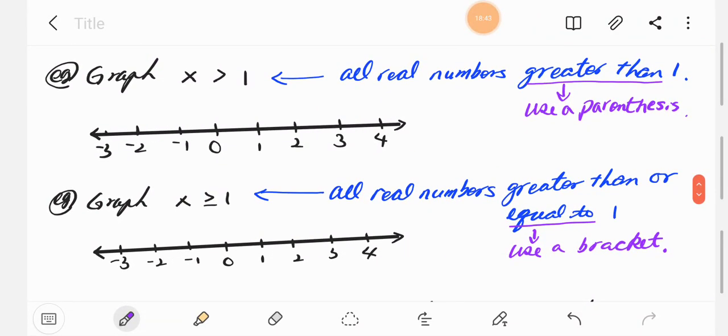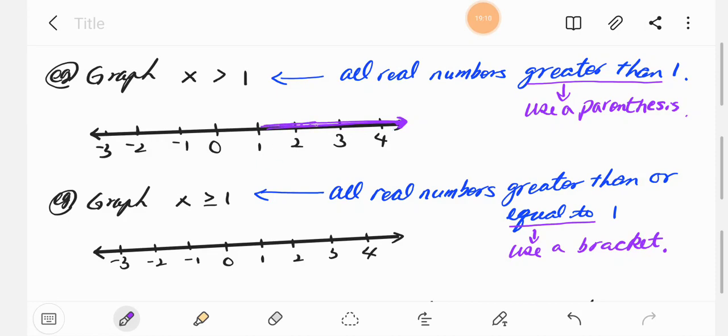Okay, how about this? x is greater than 1. So graph x is greater than 1. x is any real number greater than 1. So all the numbers right of 1, you can put a solid line to the right of the number 1.